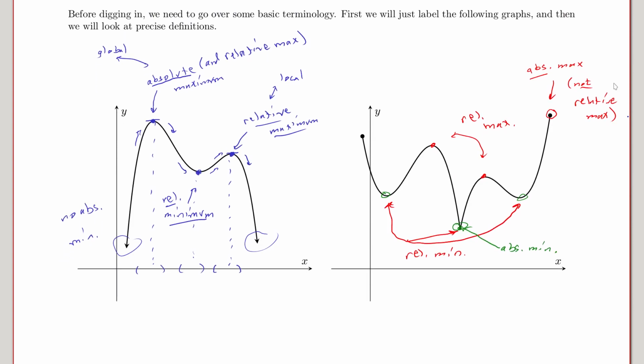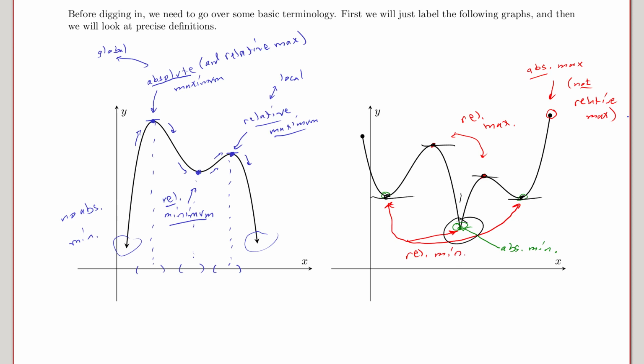Okay. So what we're going to be interested in doing is finding these. So if I'm interested in looking for points like this, at least these four, notice that the slope of the tangent line is 0 at each of those. This is a problem because the slope's not 0 there, but it's a relative minimum.